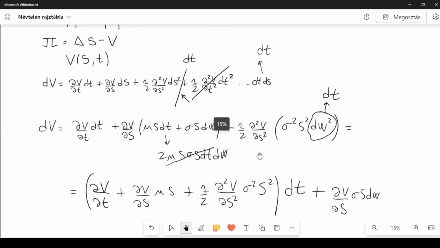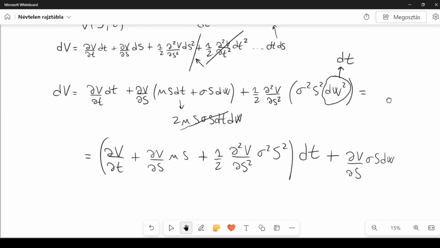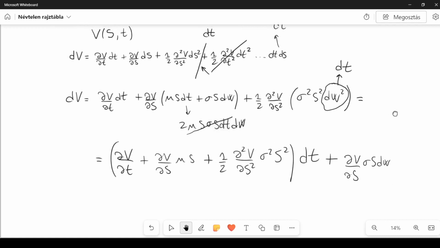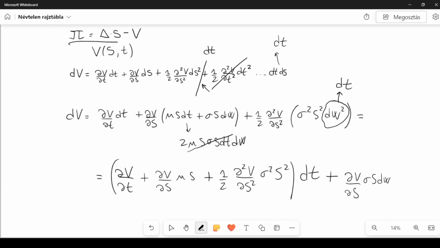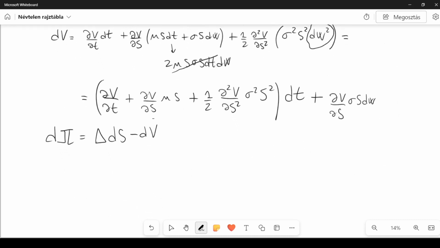And then we want to really substitute the expression that we found for dv into the expression for the portfolio. And in particular, instead of writing down this expression here, I want to write the change in the portfolio as delta ds minus dv. So we really have to replace this dv that we have written like this.